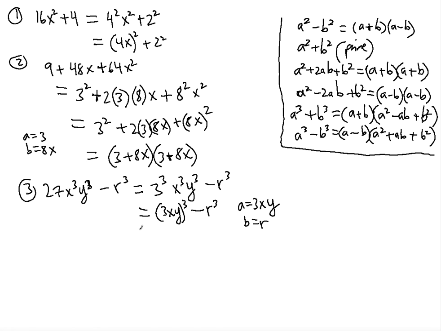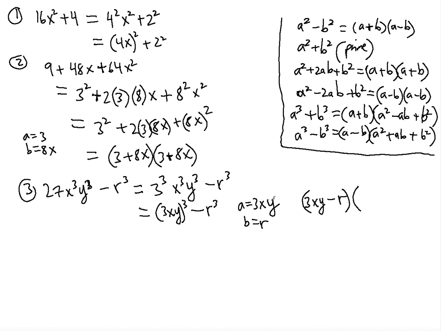Okay? So now let's see if we can use this formula to really arrive at this result that we just arrived at. Let's say a is 3xy, so we have 3xy minus r, because that accounts for a minus b. And then in parentheses, what's a squared?